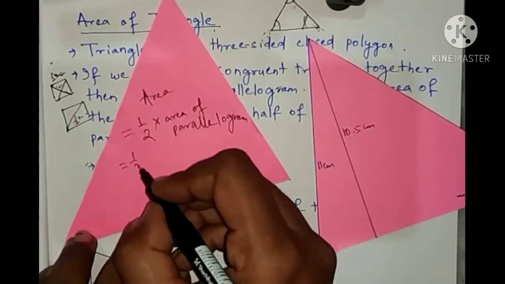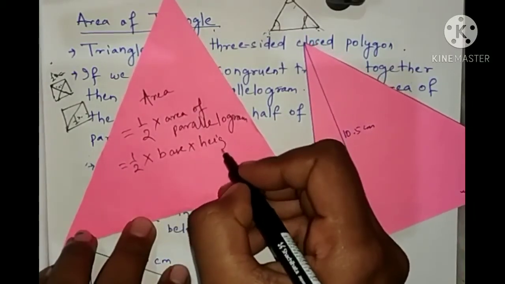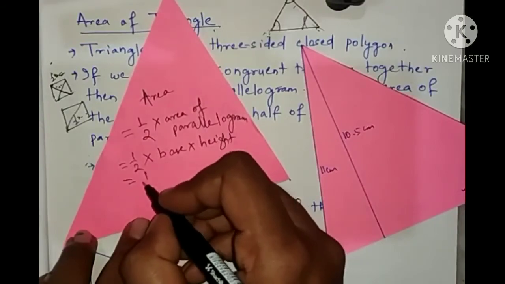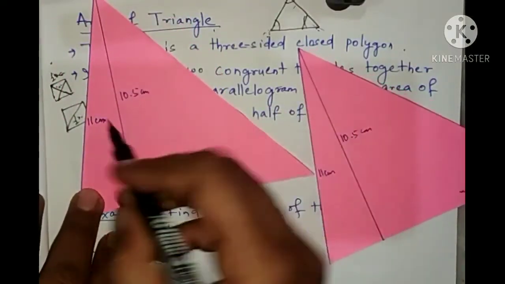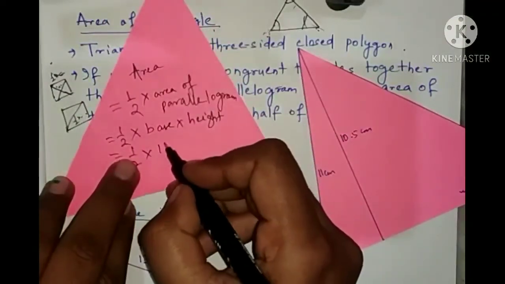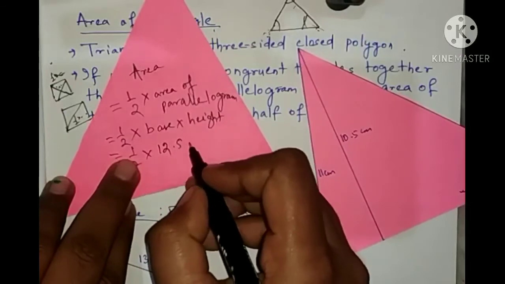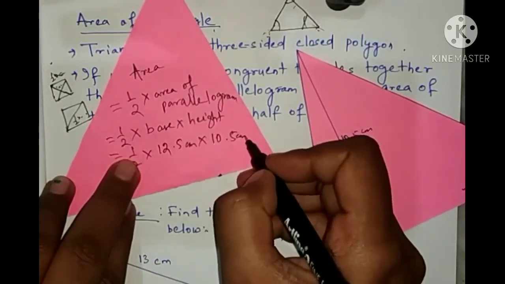Area of parallelogram is base into height, so half into 12.5 centimeter into 10.5 centimeter.